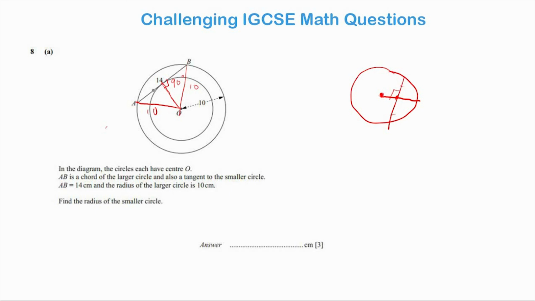And here we can say that this is 7 centimeters and this is 7 centimeters, and we have this as 7, this is 10. We can find this using the Pythagoras theorem. So 10 squared is equal to 7 squared plus the radius squared, and r is equal to root 51.